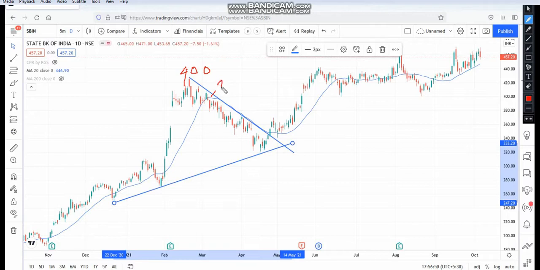And say for example, this is 380 rupees. And this is 340 rupees, and here the price was, let us put it 300 rupees.